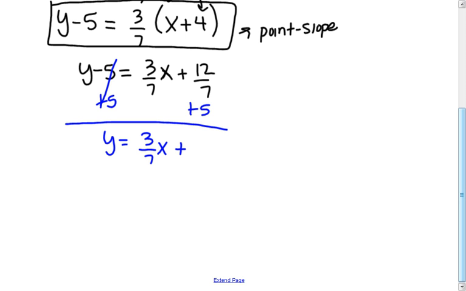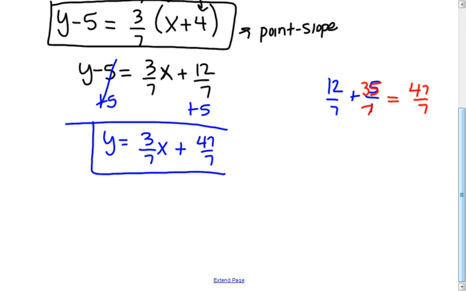Okay, now, it's okay. We can add fractions. Don't panic. We need to add 12/7 and 5/1. Our common denominator is 7, so 5/1 turns into 35/7. So I would multiply top and bottom by 7. So 12/7 plus 35/7 is 47/7.